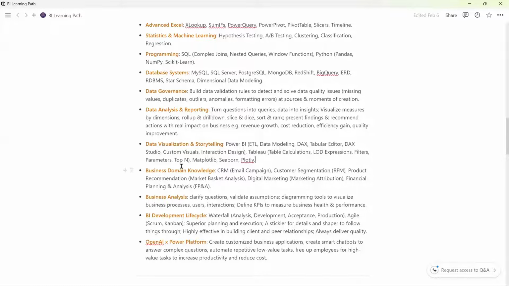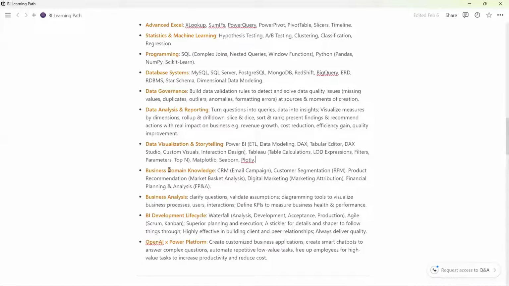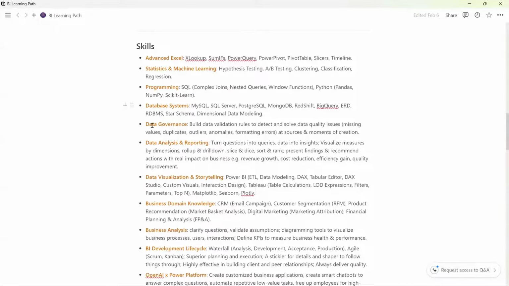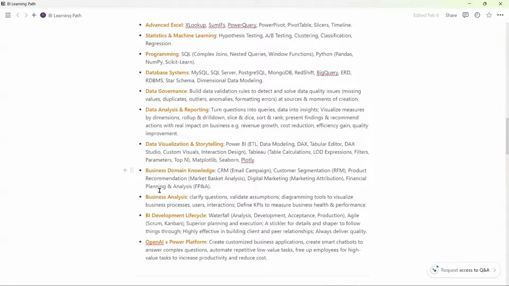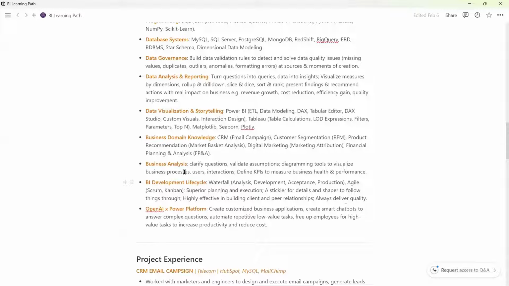For instance, if you pay attention, you should notice skills essentially include data, include business, and include communication. Right? You see data, business. Even here, you can put business analysis. It's a very important skill, making sure you work on the right problem.